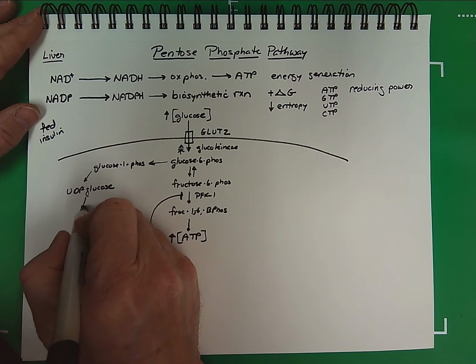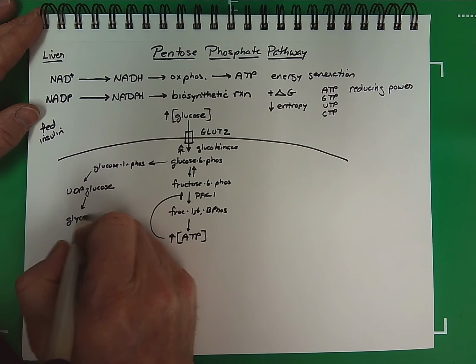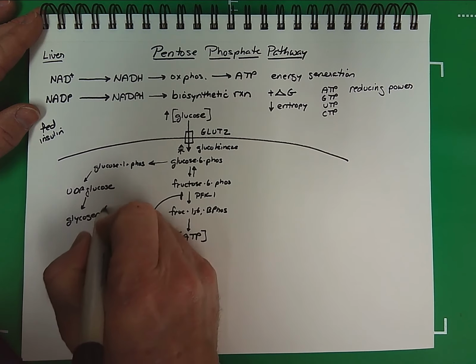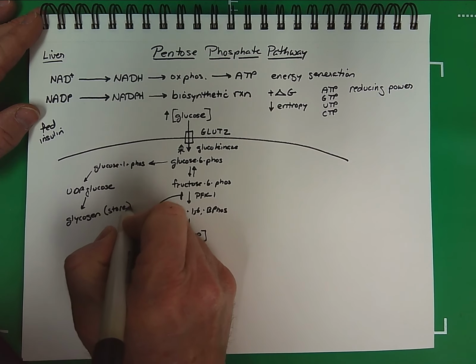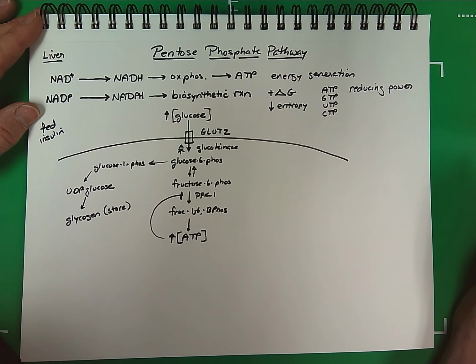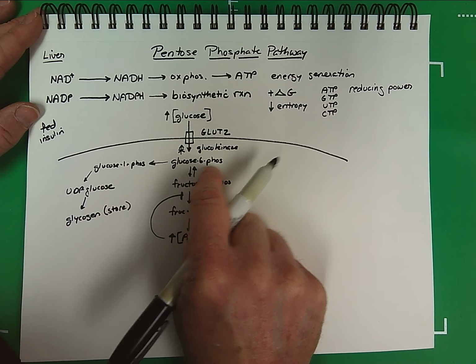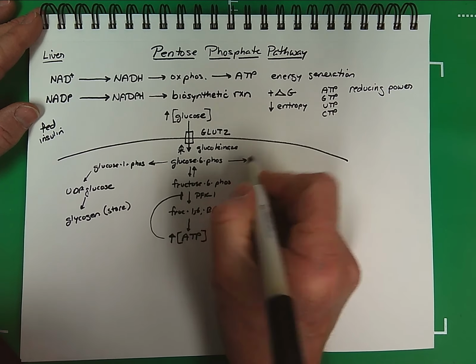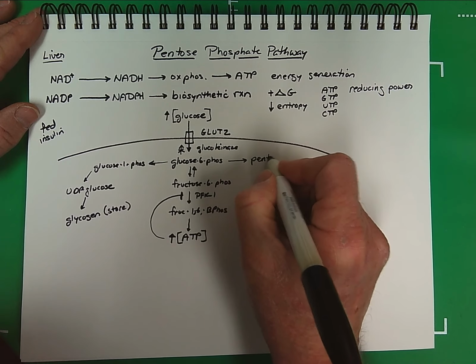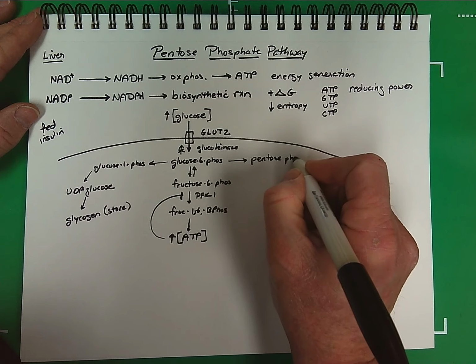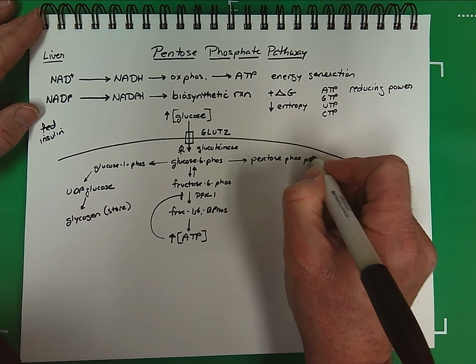And then from here we can form glycogen to store the glucose. Now there's an alternative path from glucose 6-phosphate. And this path is going to be to the pentose phosphate pathway.